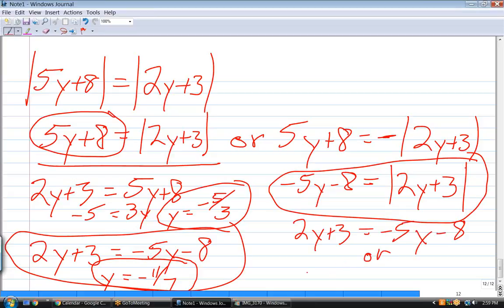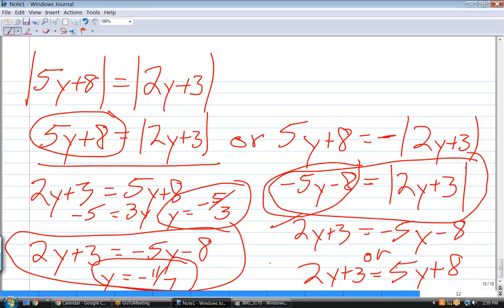Solve that. Or 2y plus 3 equals the negative of that, which is 5y plus 8. Oh, okay, that makes sense. And then that's going to give you a third solution, and that's going to give you a fourth solution.